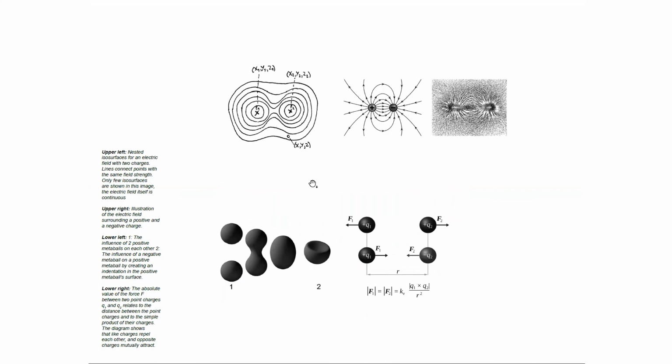We use the same formula as for electric charge, that's why I put these references here. If these two were point charges, then we could describe a magnetic field around these two points using these isosurfaces. They would look basically like metaballs.